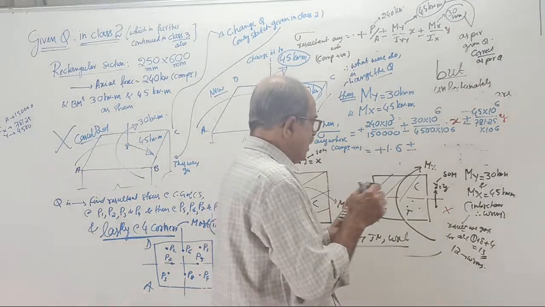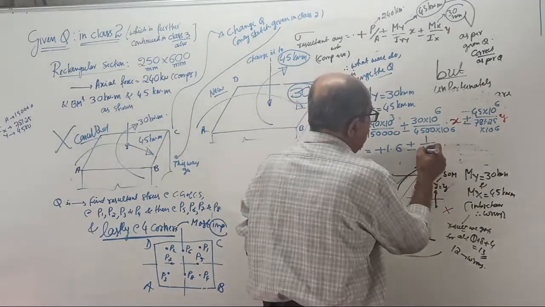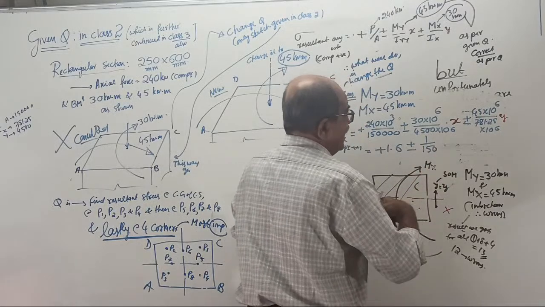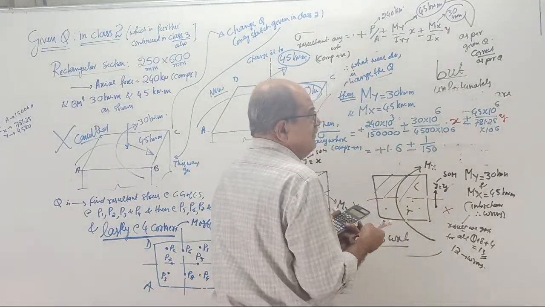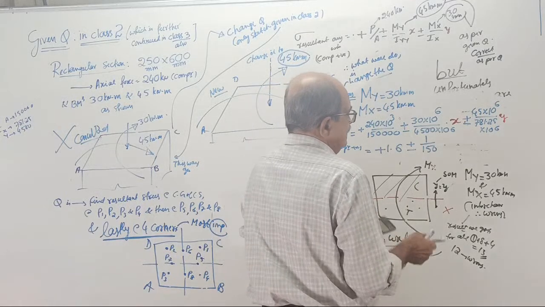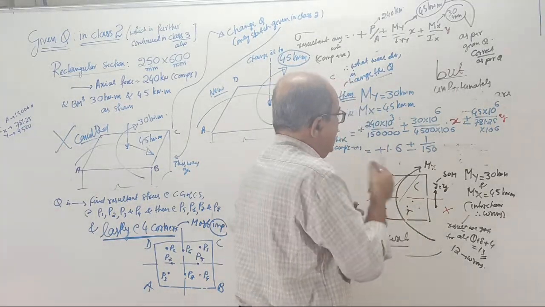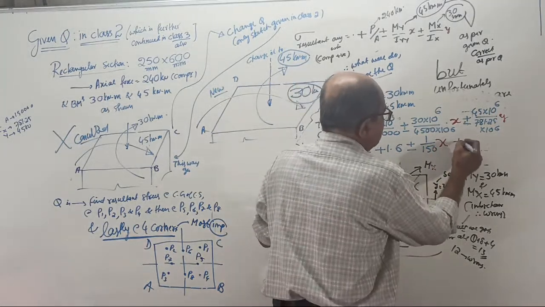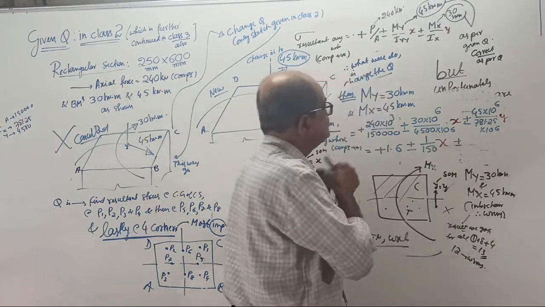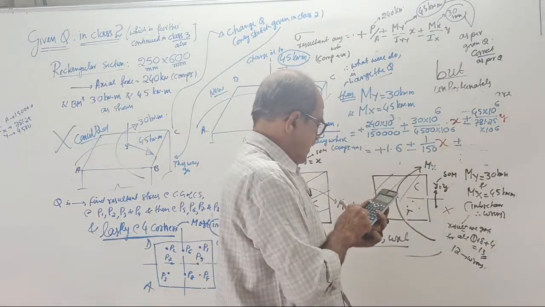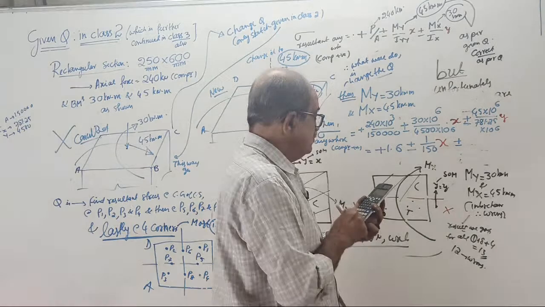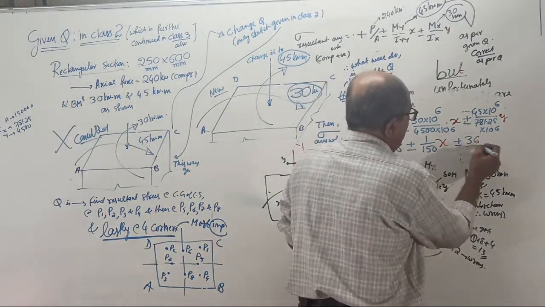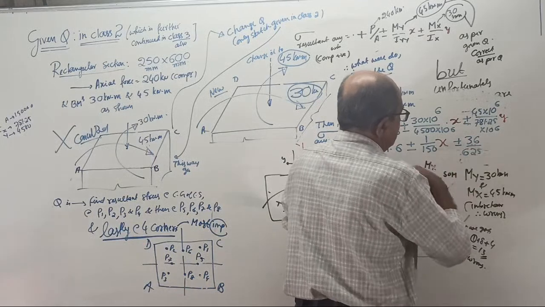In factor form, it is 1 by 150 times x, and then plus or minus 45 by 781.25, reciprocal 36 by 625, times y.